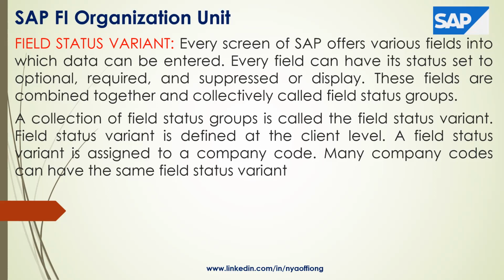Field status variant is defined at the client level. There are some situations where you want the status of your field to be optional, to be required, and to be suppressed or displayed. This is actually done at the level of the field status variant.